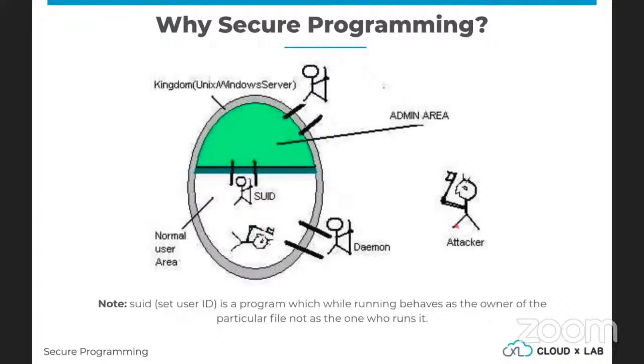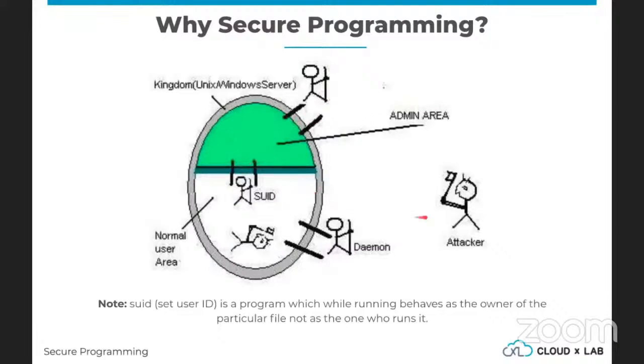There could be a service which is running as root. Earlier, the mail server and everybody used to run as root, but soon enough, people figured out how to secure those, right? If there is a service like a mail server running as root, and the attacker attacks it, they will directly become the admin.